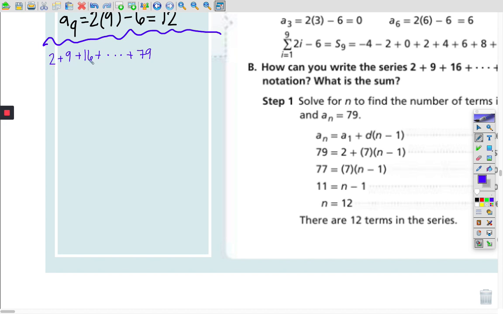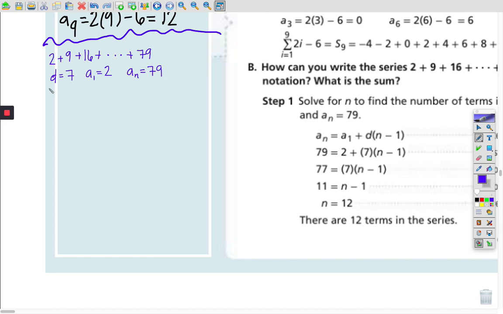Plus 7, 9 to 16, plus 7, right? So my common difference, or my d value, is equal to 7. What's my first term? 2. I'm saying a sub n because I don't know what term 79 is. So a sub n is 79.